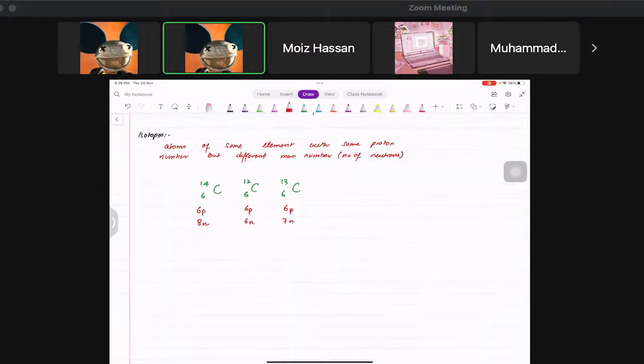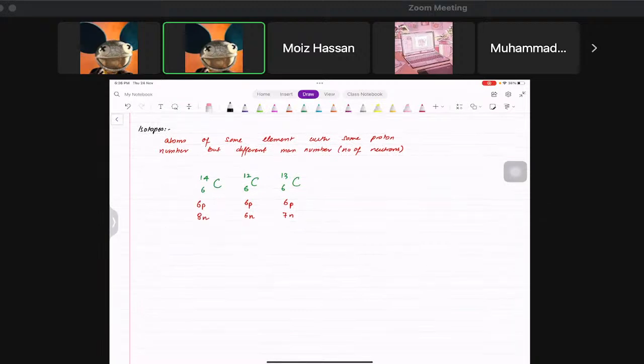Now we've got ions as well. For example, if you see an element like oxygen 16 and 8, currently it's neutral. When we say it's neutral, it's because it has 8 neutrons, 8 protons and 8 electrons, because they're in the same number.